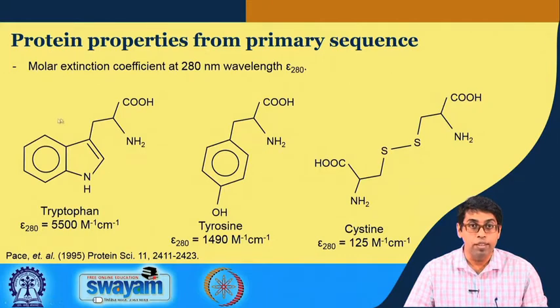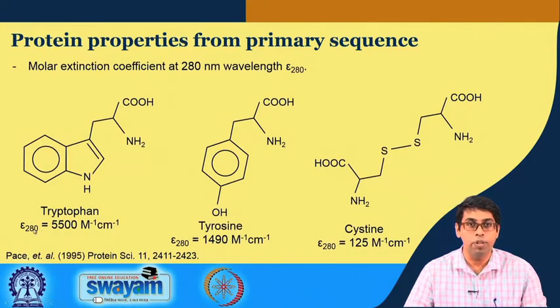Tryptophan absorbs the most, followed by tyrosine, and cysteine disulfide, where 2 cysteine amino acids form a disulfide bond, has a marginal absorption at 280 nanometers.